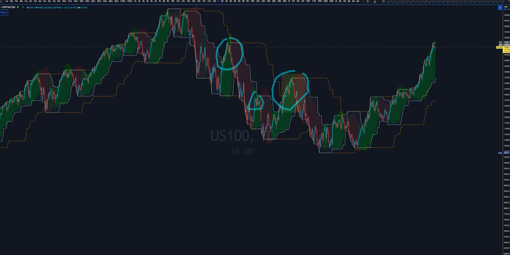We had bull traps here and also bull traps we had here, right? How is Nasdaq moving now? Well, the trend is very healthy. We have higher highs, higher lows, higher highs, higher lows, higher highs, higher lows, and we see that the market is trending up to this level.